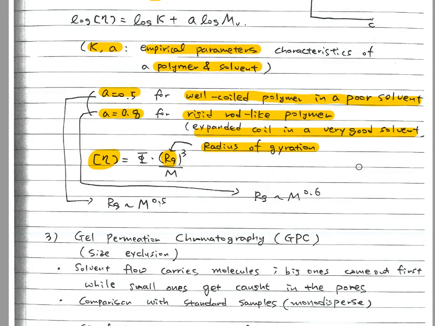Let's say that polymers form a well-coiled spherical shape. So there are polymer chains like this, and overall the polymer looks like a sphere. The radius of this sphere of the polymer sample is called the radius of gyration. Okay, got it?